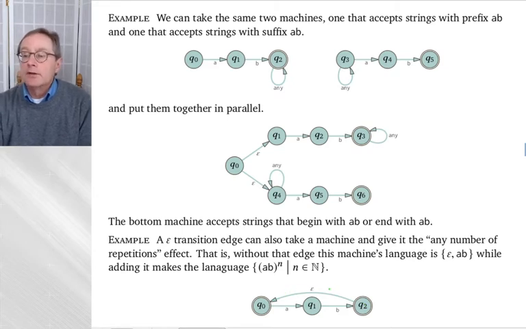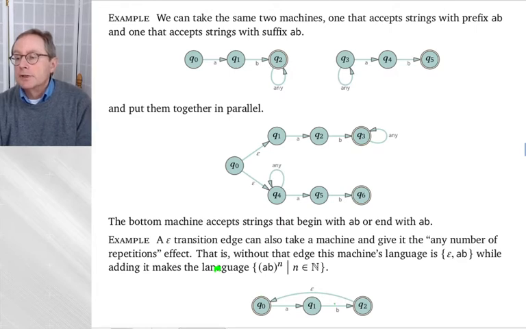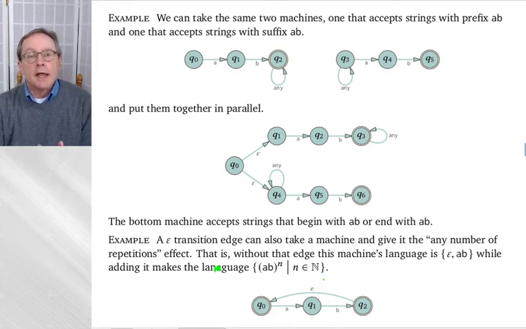So by adding this epsilon transition, we are allowing ourselves to do this any number of repetitions. So we're introducing epsilon transitions because they give us the engineering advantage of being able to build more complicated things out of simpler things.